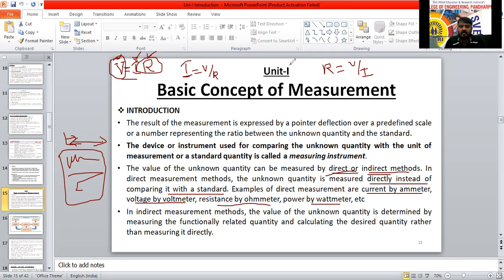I have voltmeter and ammeter. Yes, sir, possible. How? I don't have an ohm meter, ohm meter नहीं है मेरे पास. Then how are you going to measure?